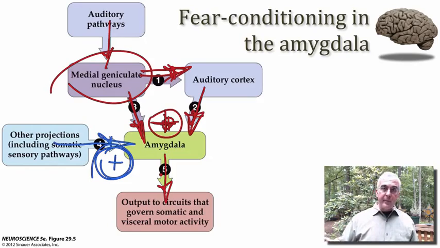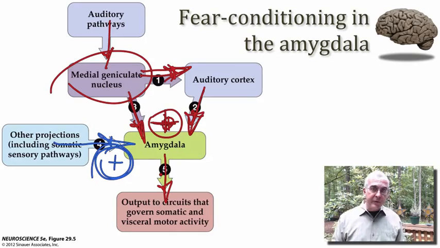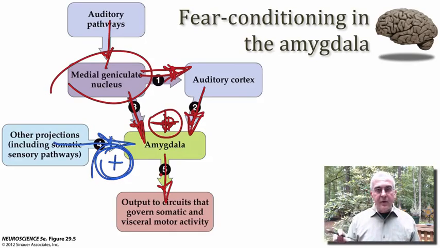Now, after some period of pairing these two kinds of inputs, the auditory stimulus and the aversive tail brush or electrical shock to the feet, this is going to produce the behavior associated with fear in this animal with the sole presentation of the auditory tone. So this is really one of the chief cellular examples that we have of emotional associative learning.